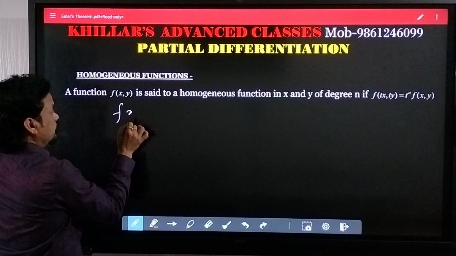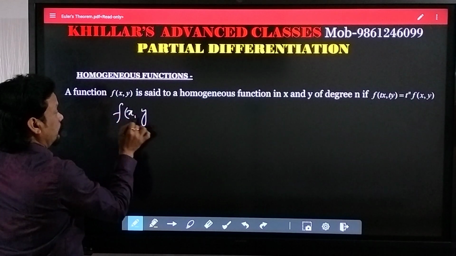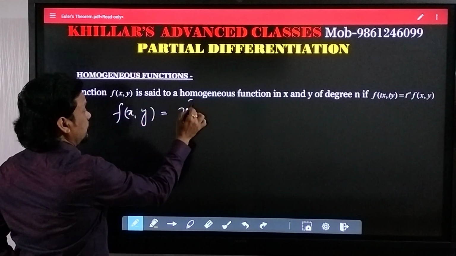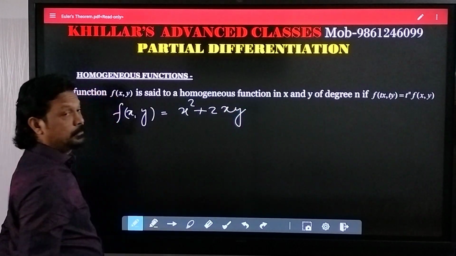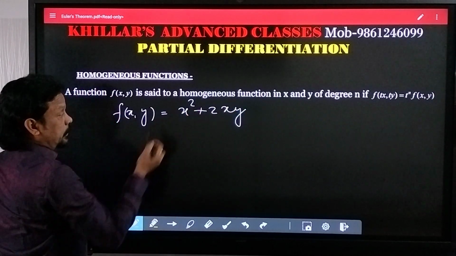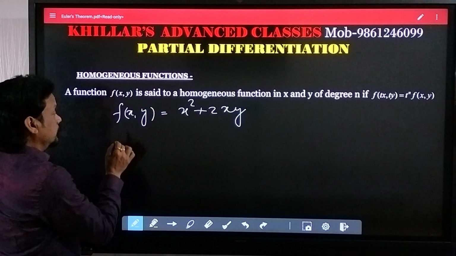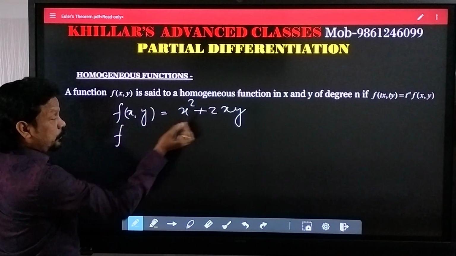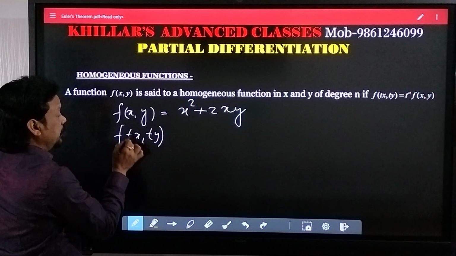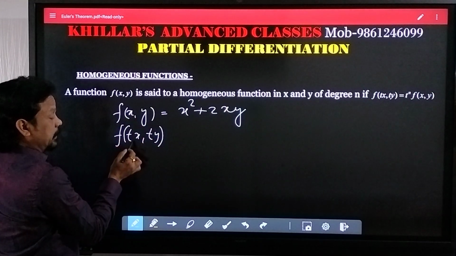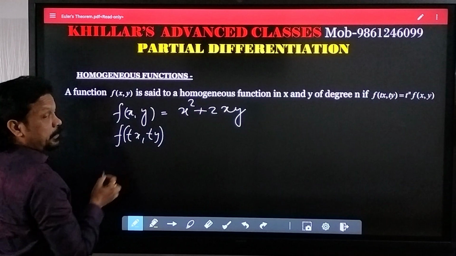So let f of x, y is equal to x square plus 2xy. Okay, let us test whether this is a homogeneous function or not. Now, according to our definition, f of tx, ty, that means in place of x I have written tx, in place of y I have written ty.